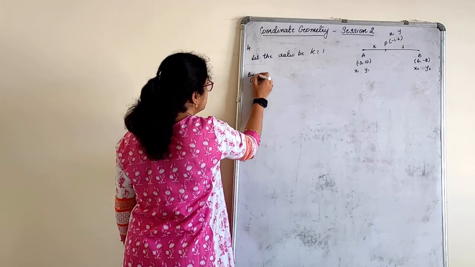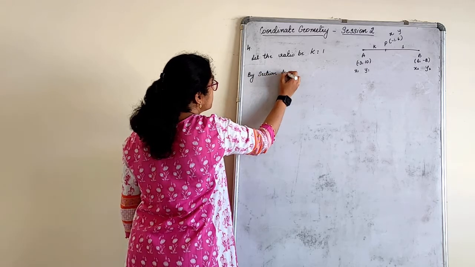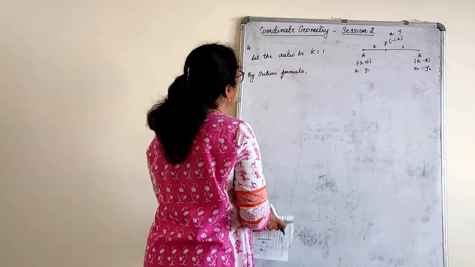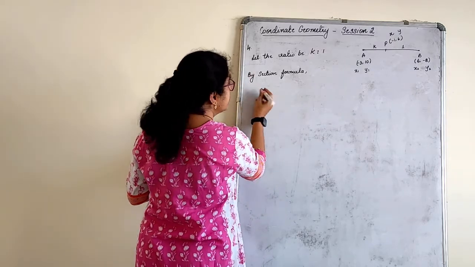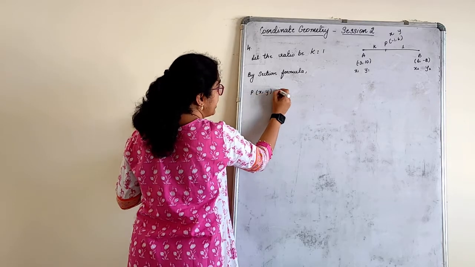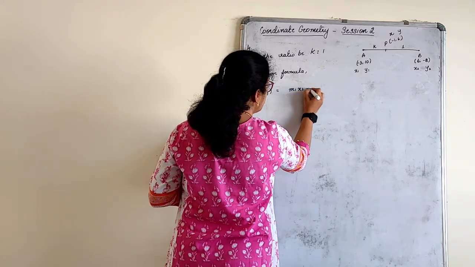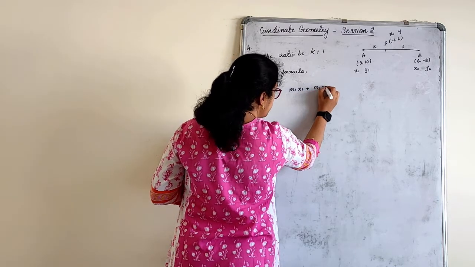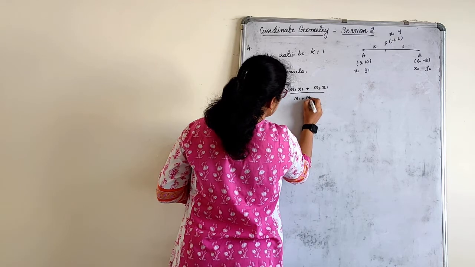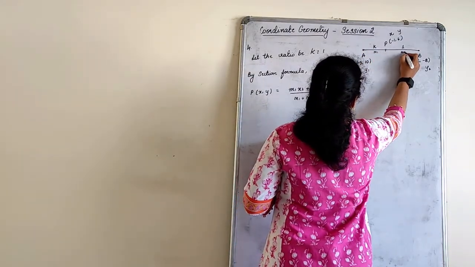By section formula, what is the formula we write there? P x, y. First we write P x, y as per the formula: m1 x2 plus m2 x1 divided by m1 plus m2, comma m1 y2 plus m2 y1 divided by m1 plus m2. This is my m1 and this is my m2.